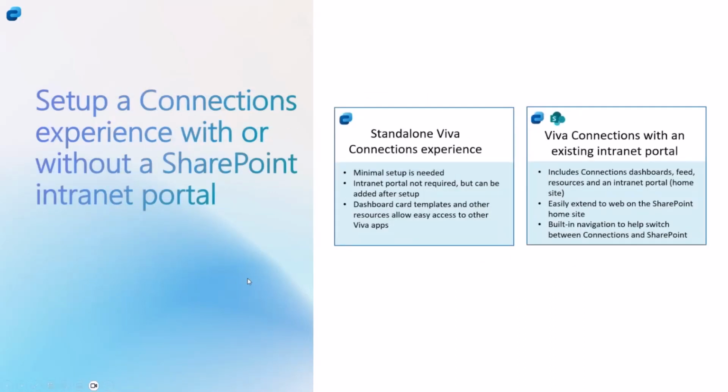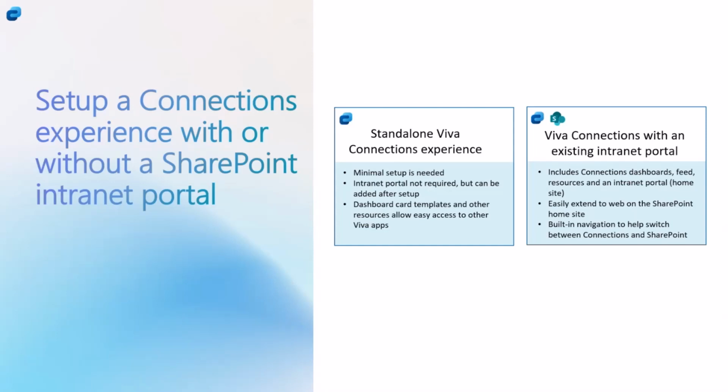So what are we offering with this functionality? There are two ways to do this. I'll start with the right-hand side box first. You can set it up the traditional way, which is that you have a communication site, you take that site URL, and then you set it up as a home site and also create the dashboard and everything on this.